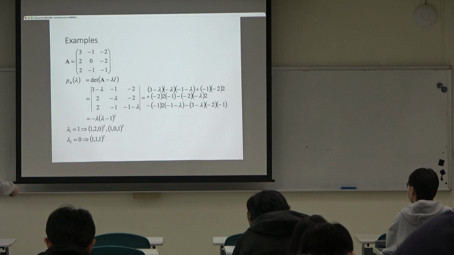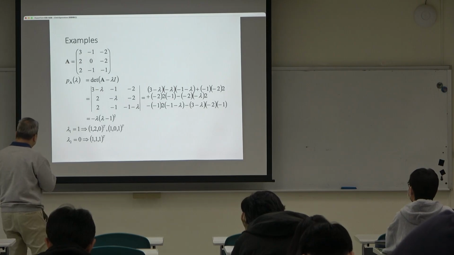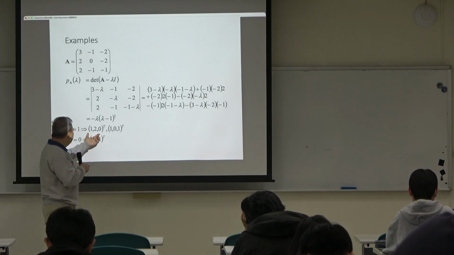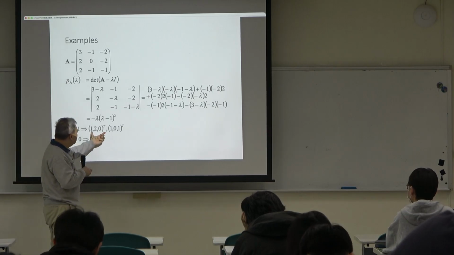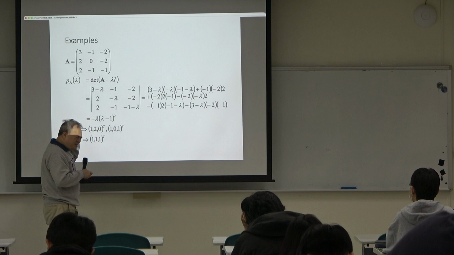You get 2 different vectors. So for this eigenvalue, you have 2 different eigenvectors.